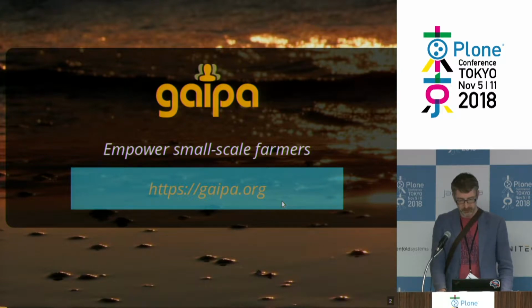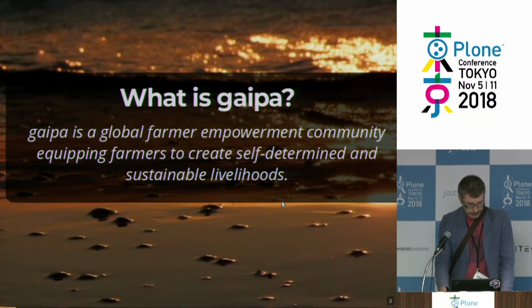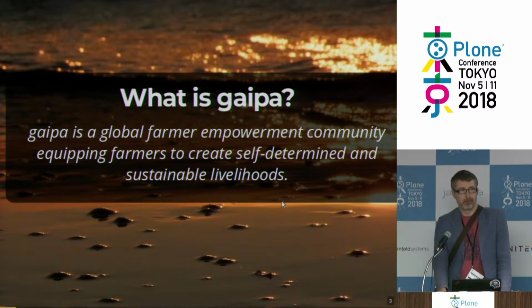The whole project is about empowering small farmers in Zambia and India, to give them the right information and help them improve their lives and make more out of it.